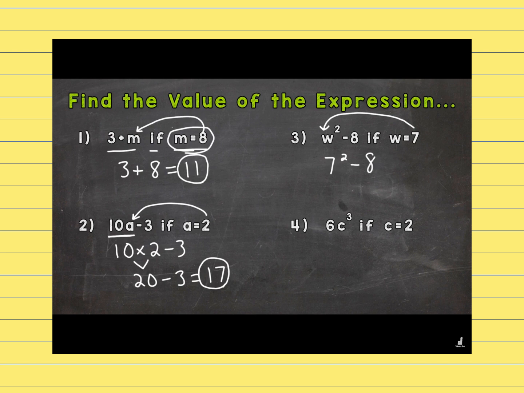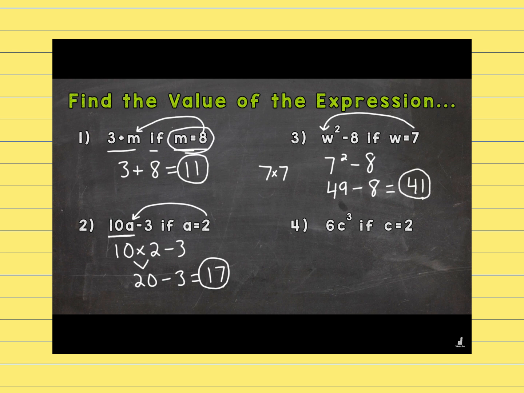So order of operations, exponents come before subtraction. 7 squared does not mean 7 times 2. Remember, an exponent means to expand that 7 out twice and multiply. So it means 7 times 7, which is 49. Bring down our minus 8, and we get 49 minus 8, which equals 41.